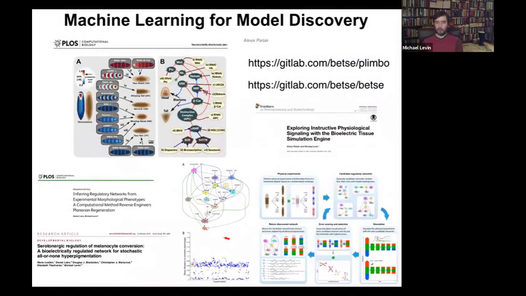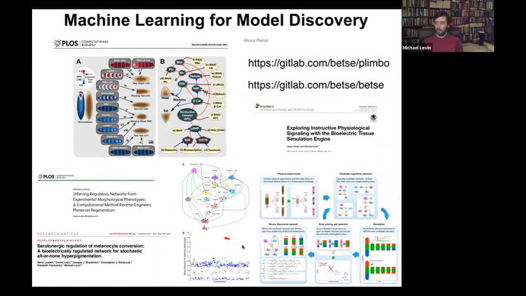The other nice thing about these models is that they are the perfect fodder for machine learning approaches to do 2 things: to infer better models from data, and we've done some of that, and also to interrogate those models for interventions. Here's some software that anyone can download to simulate all this.